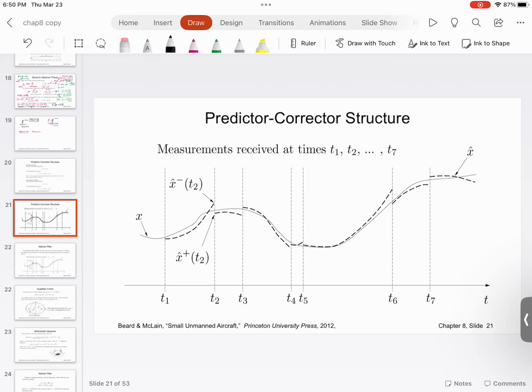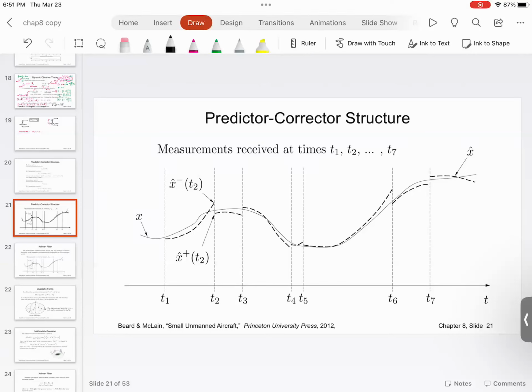So at time t equals 2, I have a predicted value, x hat minus. What does x hat minus mean? It is the value of x at time t equals 2 that is predicted by the algorithm. This predicted value is clearly not close to the true value.